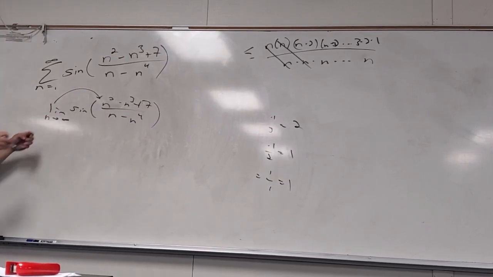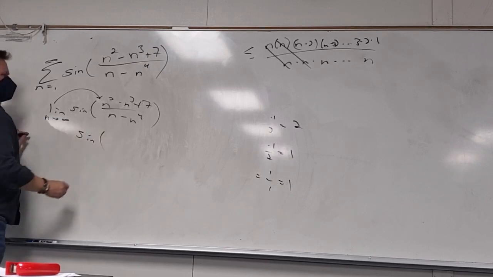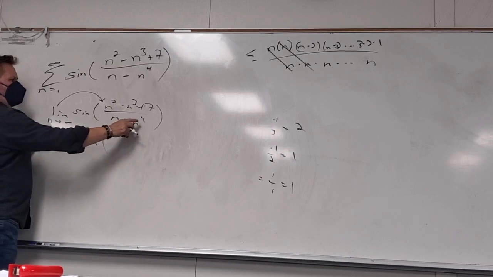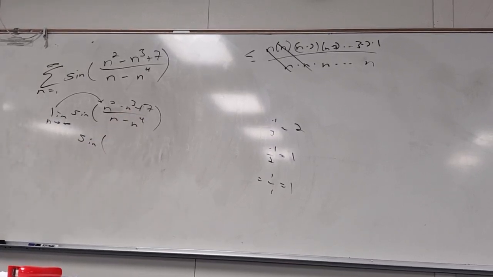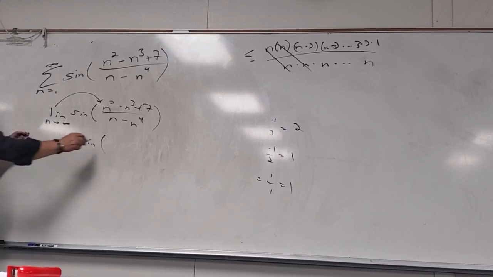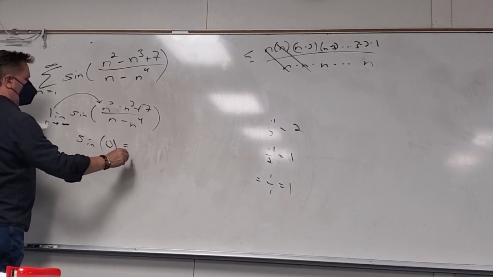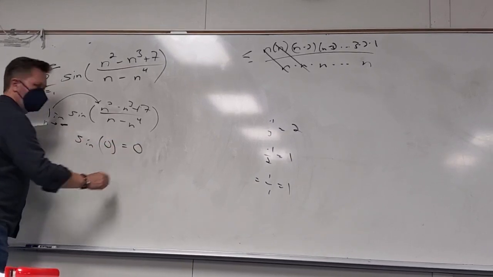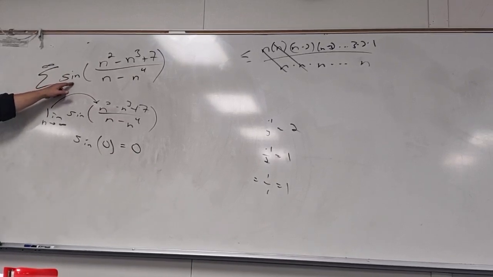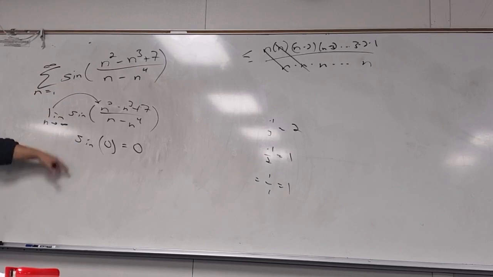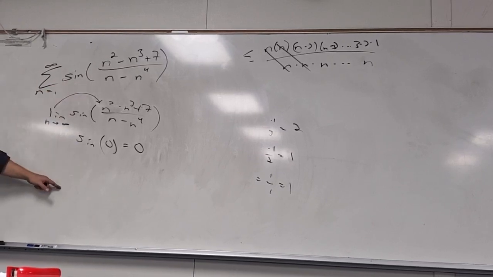What's the limit of the inside? 0. And what is sine of 0? 0. So might this converge? Yes. Does it? We don't know. That's why I just asked, might it?